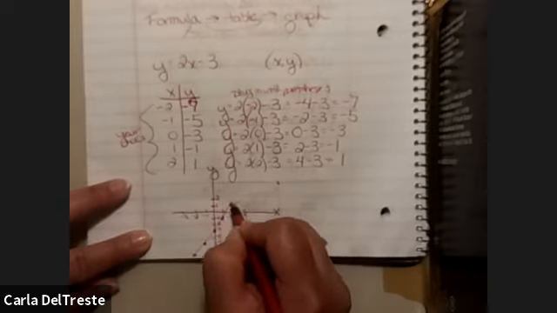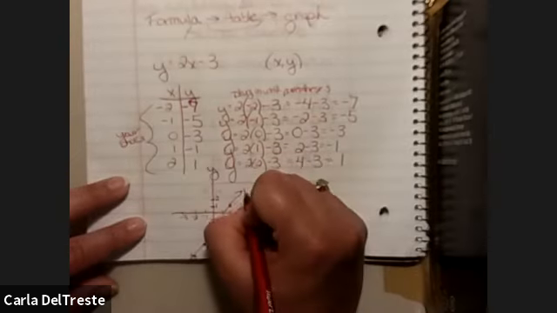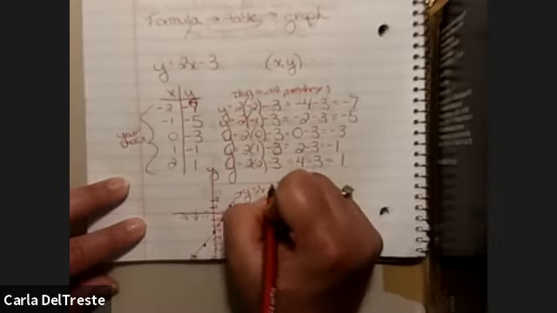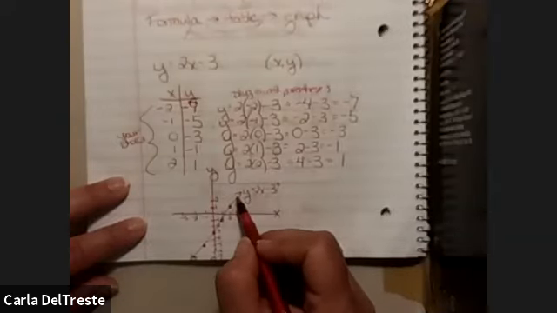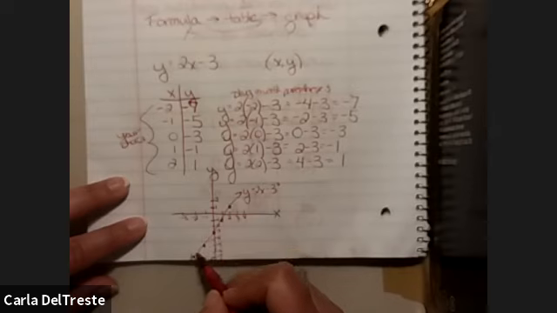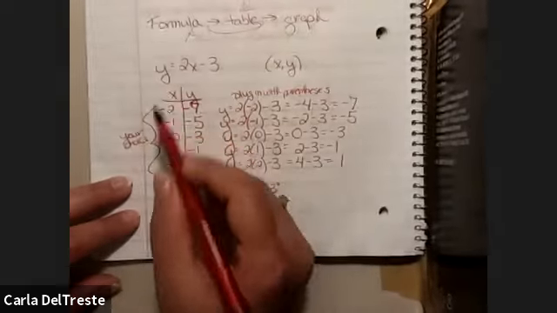So I can connect the dots. Anytime you see an obvious pattern, you can connect the dots. And then this is the graph of y equals 2x minus 3. That means any point on this line, points that I didn't even plot, okay, are going to fall on this line and be able to satisfy this equation.